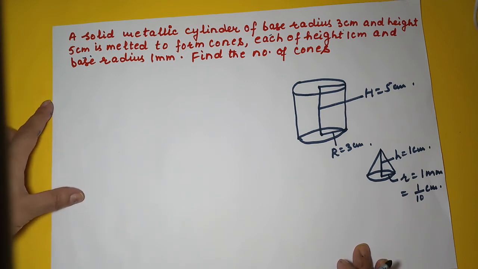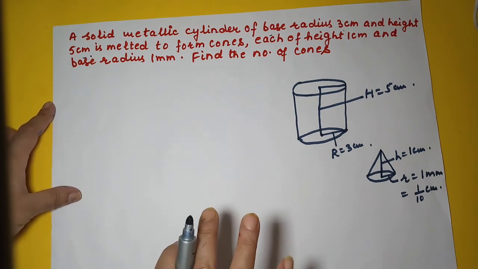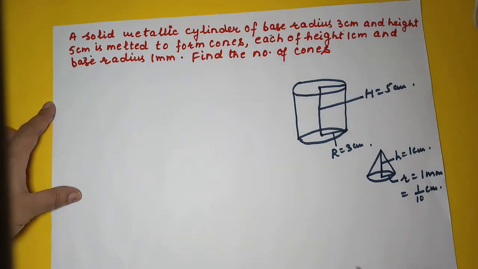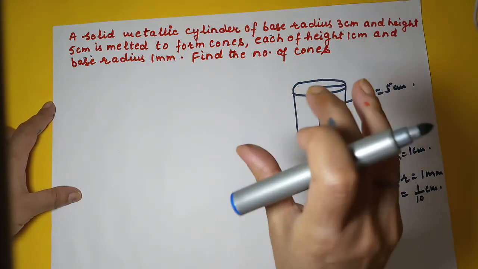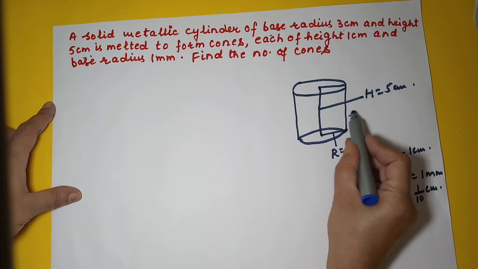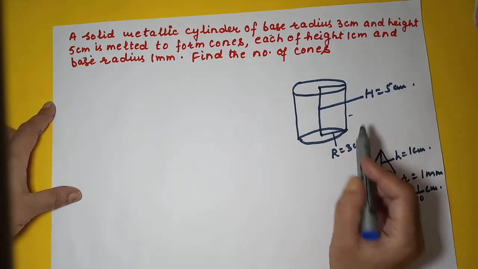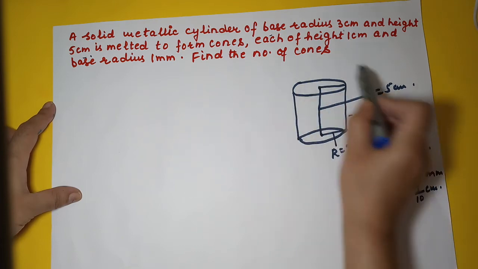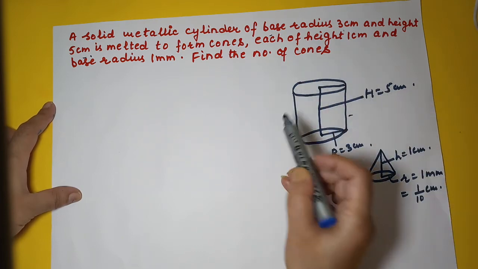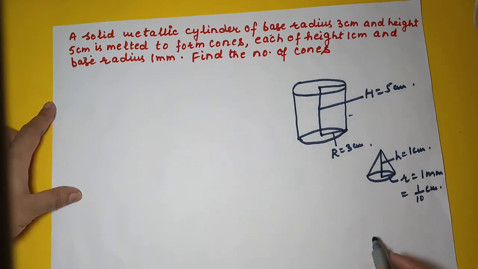Remember, whenever you have to find the number of anything which you create by melting the main thing, what is your main thing here? Cylinder. You have to calculate it by dividing the volume of the main thing which you have melted by the volume of one figure into which it is converted.